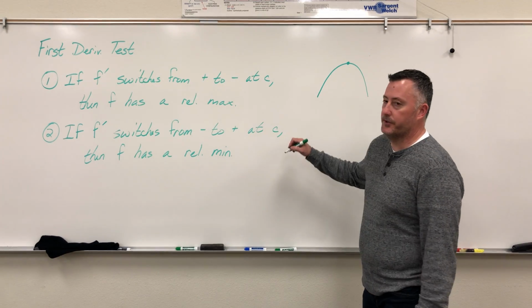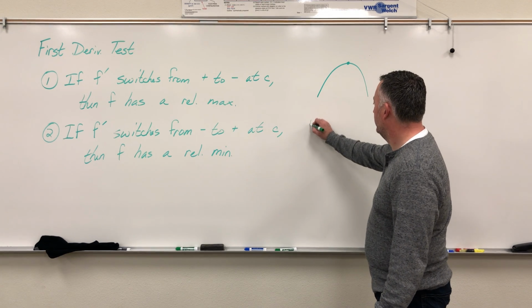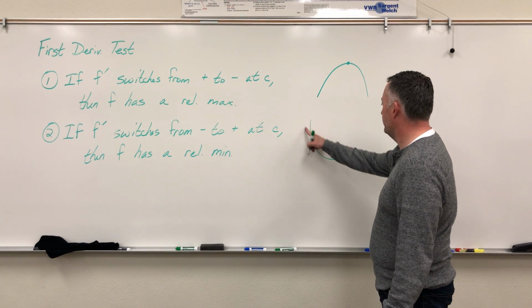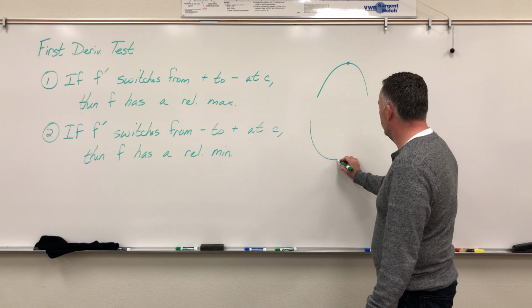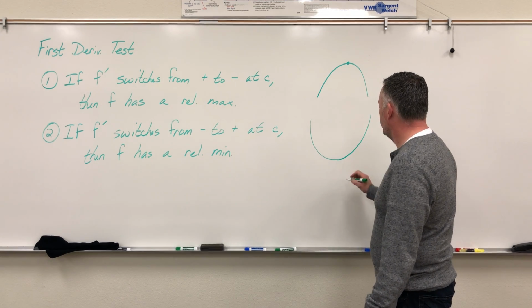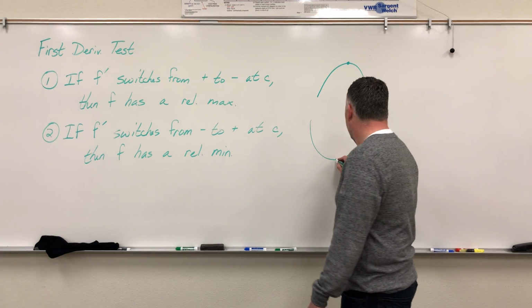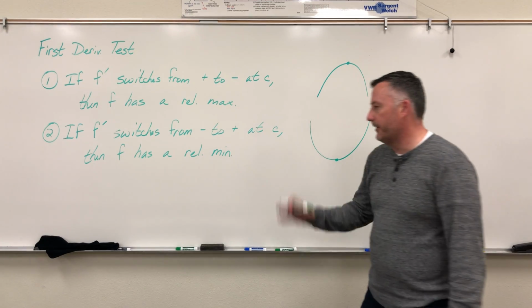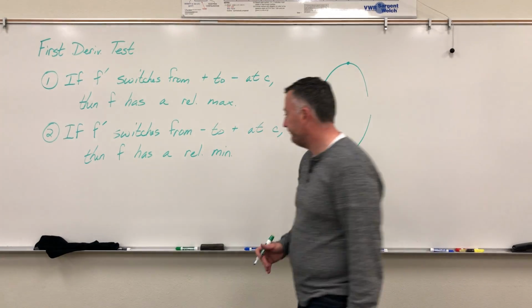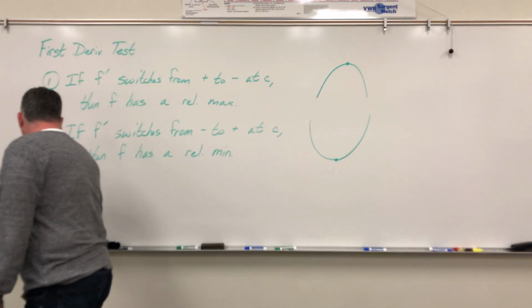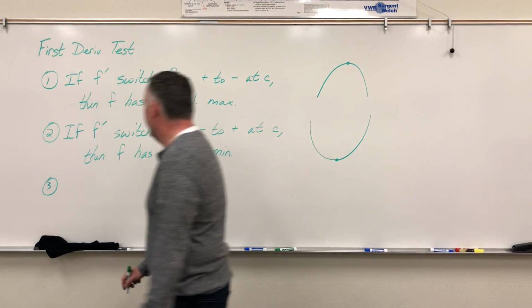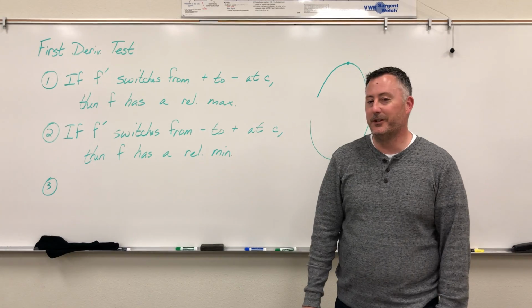Because now you have the reverse situation. It's going from where the derivative is negative, or where the function decreases, to where the derivative is positive, or the function goes up. And now you've got the bottom of the valley, or a minimum. Well, there's a third case. Can you guess what it is?